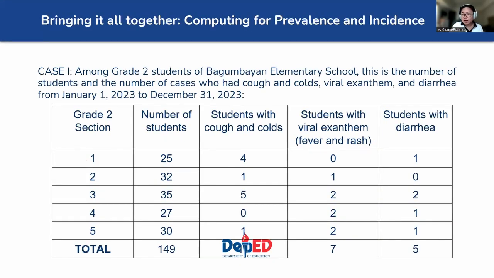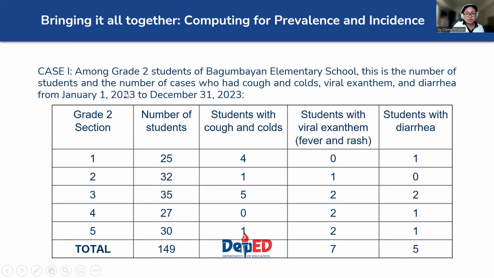So let's bring it all together and start computing. You will see this in your exercises, but I will have a first example. For example, we have grade 2 students of Bagumbayan Elementary School. These are the sections, and these are the number of students per section.